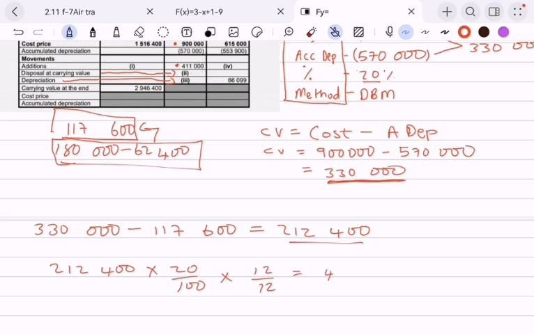Then you would get your 42,480. Simple and easy, just like that. So the depreciation of the old, we are done for the year. It's the 42,480.